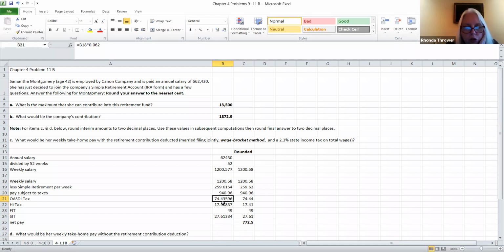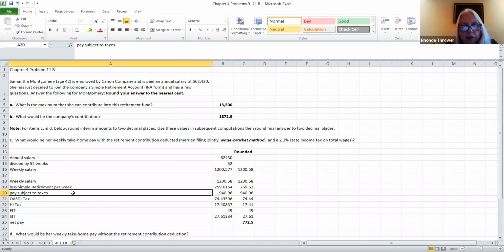And make sure you do this or Cengage will count it wrong. The OASDI tax is based on the weekly salary amount, not the amount of pay that is subject to federal income taxes. So right here where I've got pay subject to taxes, I really should have put federal income taxes.